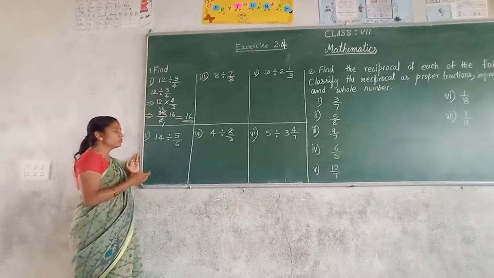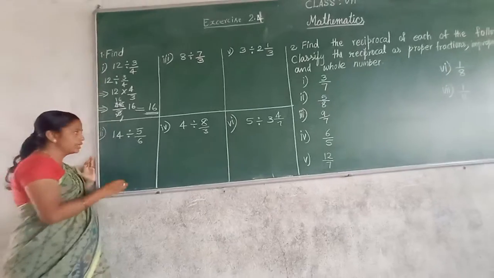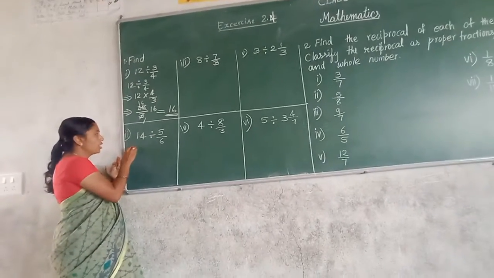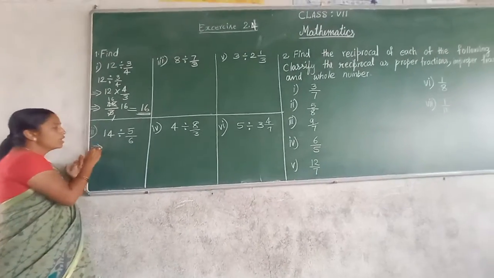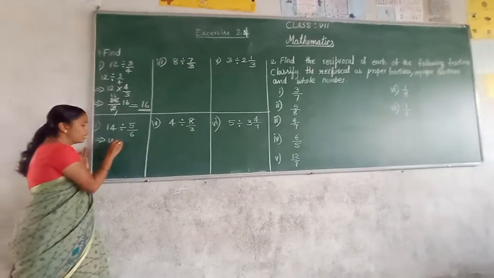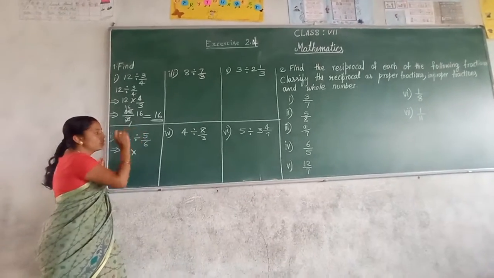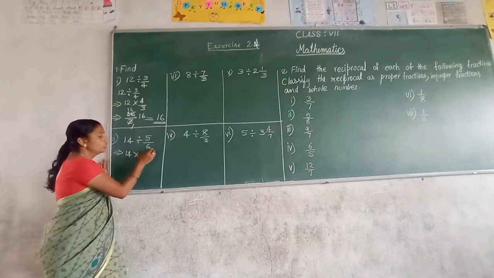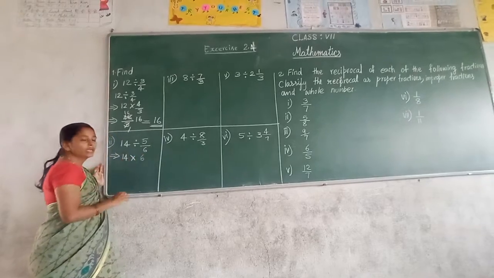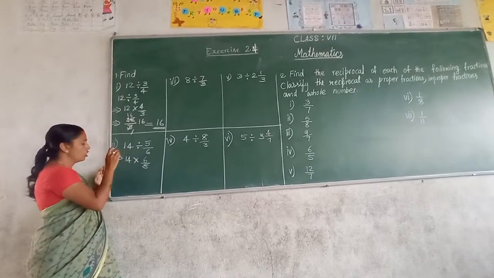Now let us come to the second question. 14 divided by 5 upon 6. 14 you have to divide. Here also the same way. First you replace the division symbol with multiplication. You have to write the reciprocal of this fraction. The denominator becomes the numerator, the numerator becomes the denominator.